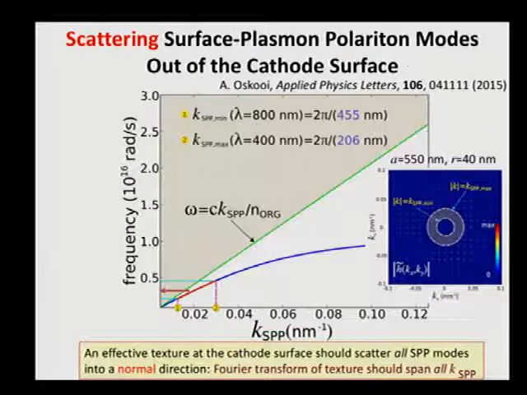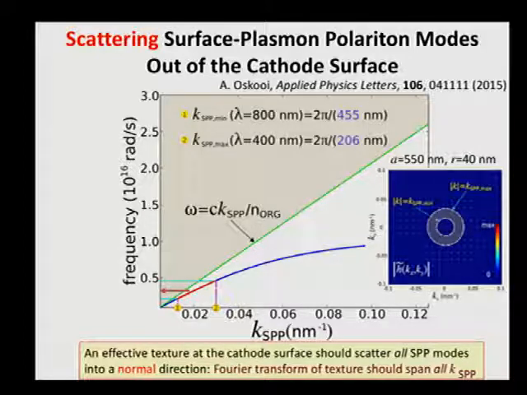We can compute analytically the Surface-Plasmon modes that are excited at the metal surface, shown here in the blue curve. White light emission corresponds to only a subset of these modes, as shown in red. An effective cathode texture that can scatter out these Surface-Plasmon modes will have to have Fourier transforms that correspond to these Surface-Plasmon modes, which is shown in the schematic on the right.